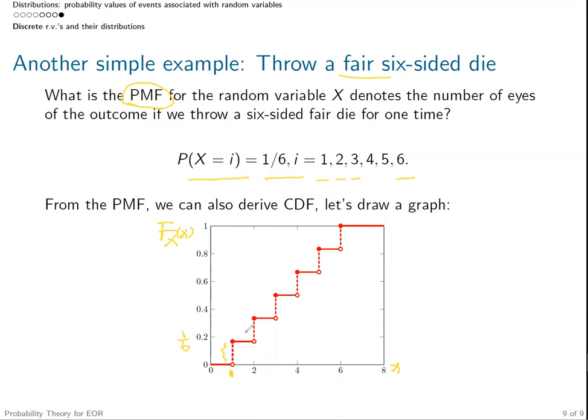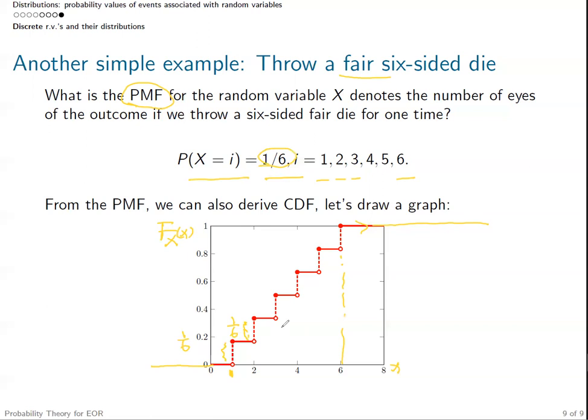And this is 2, another jump by the value of 1/6. And right after 6, it always takes the value of 1. So it's indeed an increasing function from 0 to 1.